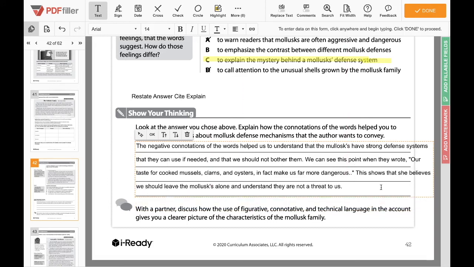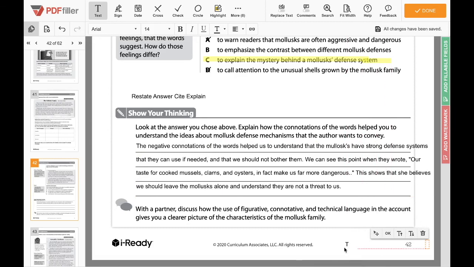We said we can see this point when they wrote, our taste for cooked mussels, clams, and oysters, in fact, makes us far more dangerous. We explained that evidence. We say this shows that, I should have said they believe we should leave the mollusks alone and understand that they are not a threat to us. My grammar is totally off today. So we just cite that evidence when necessary to better explain our answer. And I think in this situation we needed to cite evidence to better explain that.